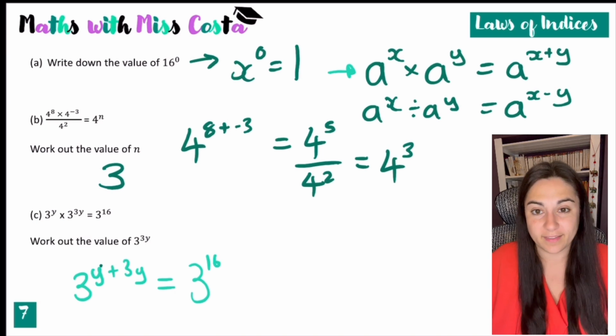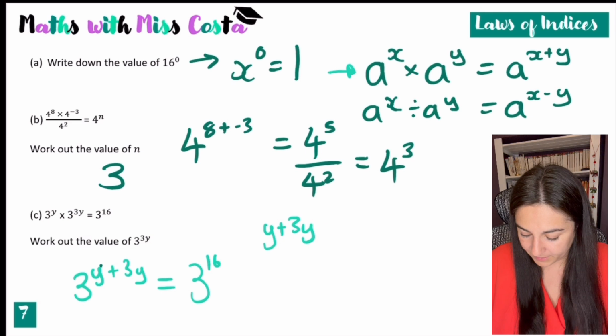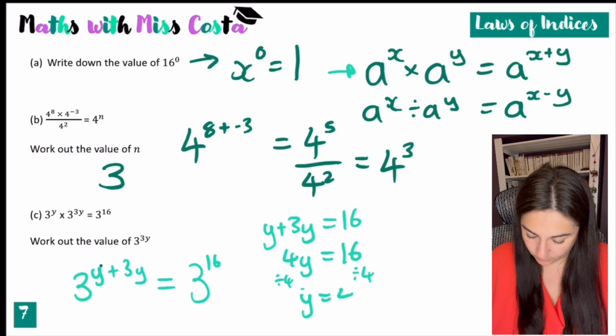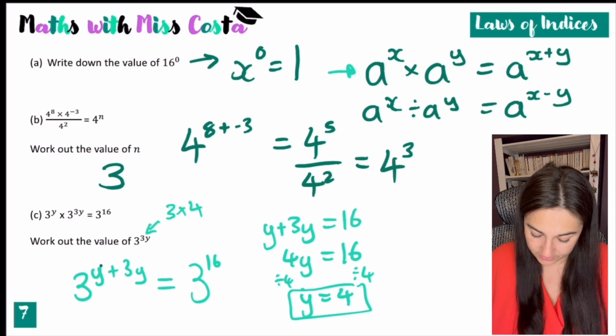So I can extract that as a little algebraic expression. So y plus 3y must be 16. Therefore 4y is 16. Therefore, divide both sides by 4. y is 4. So if y has a value of 4, 3y would be 3 times 4, which is 12.